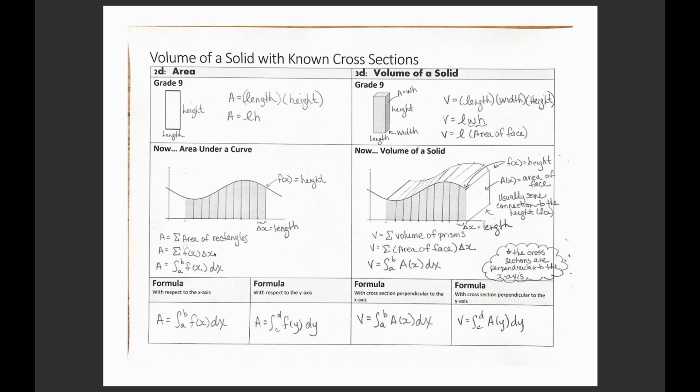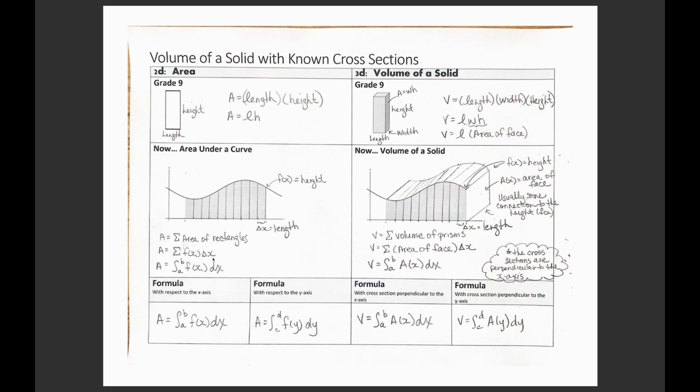And then we took that and connected it to an integral. And so we know that if we make these delta x's infinitely small and take the limit as delta x approaches zero, then that means that the integral from a to b of f at x dx would give us the area.